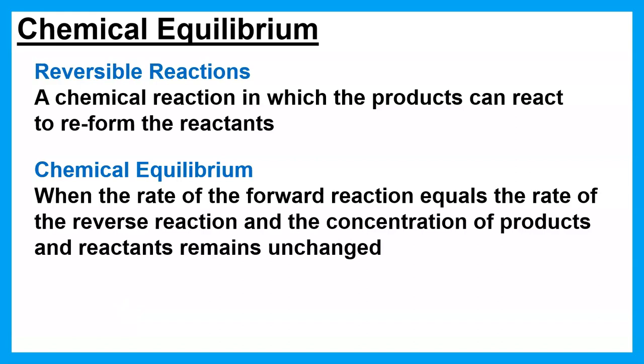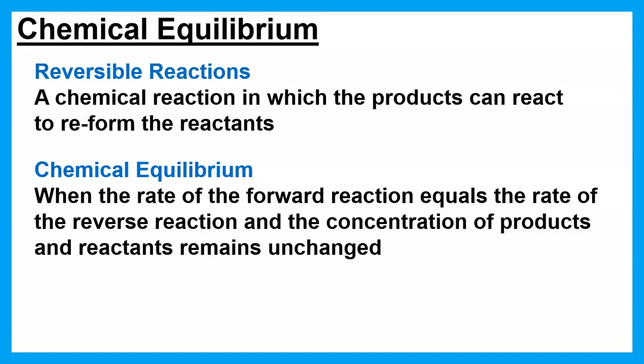Chemical equilibrium is what we call it when the reaction finally reaches a point in which the forward reaction speed is the same as the reverse. So the concentration of the products and reactants don't change. Every time you make a product, you're going to break one apart and turn it back into a reactant.